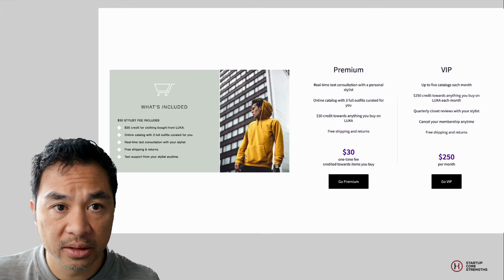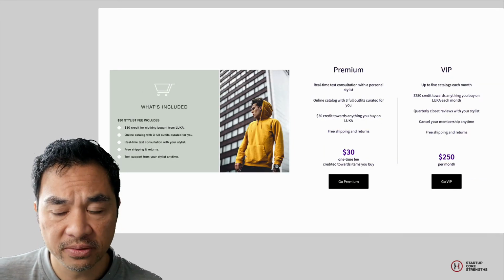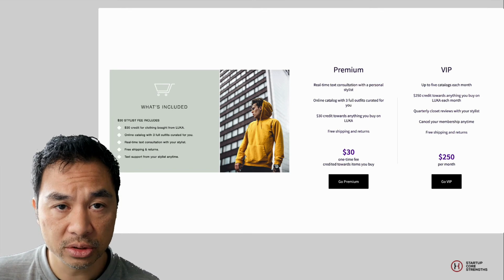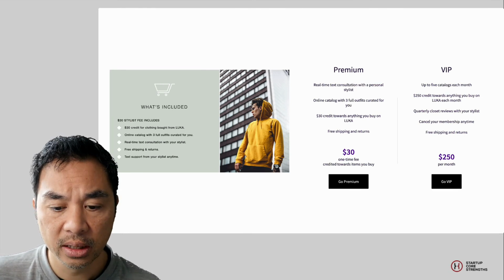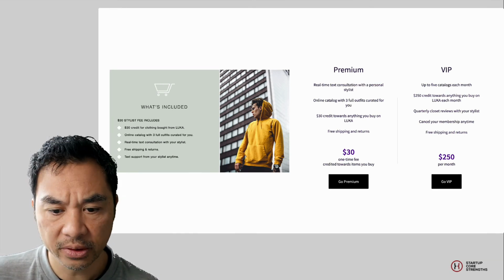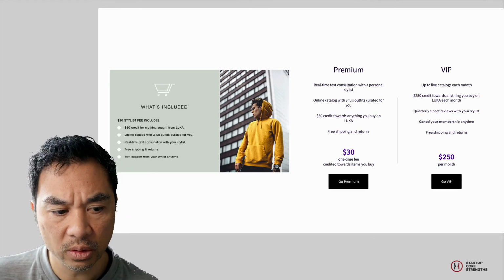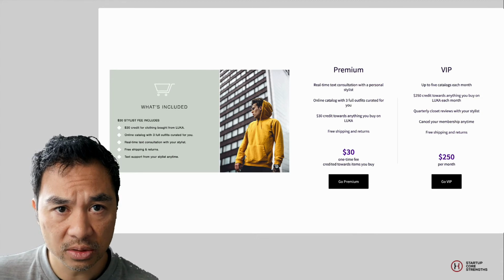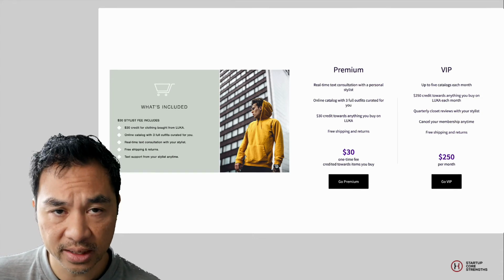Finally, on the left, one of the bits of feedback that we were able to glean is that the $30 that's being charged for your personal stylist, it was really difficult for people to figure out if that's expensive or if it was a deal. It was really difficult for people who've not used a service like this to contextualize the value.